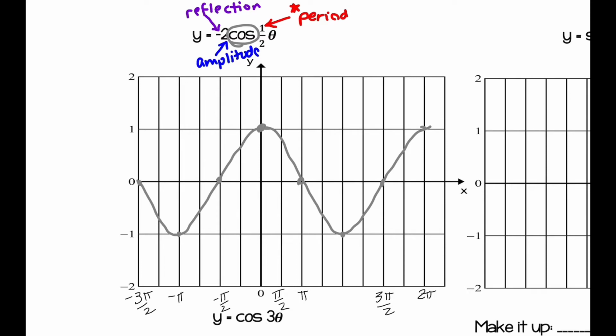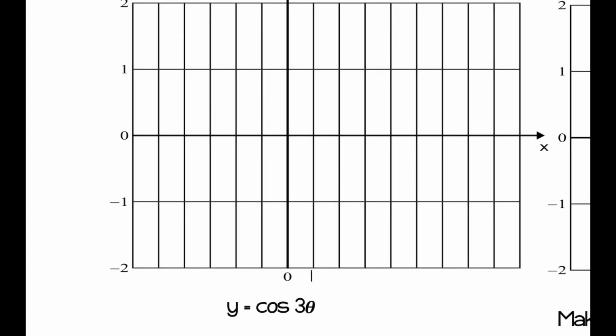I'll show you some examples though. For this one, because I know what's going to happen, let's do a different scale on here. So now you can draw this. Let's adjust our scale. Let's go ahead and call that one pi halves, pi, 3 pi halves, 2 pi, 9 pi halves, 5 pi halves, 6 pi halves, which is 3 pi, 7 pi halves, and then 8 pi halves, which is 4 pi.